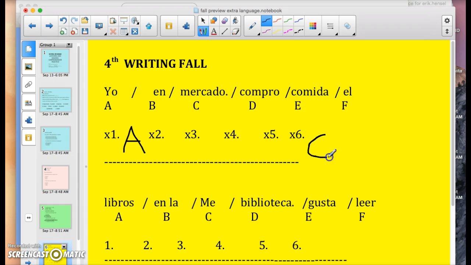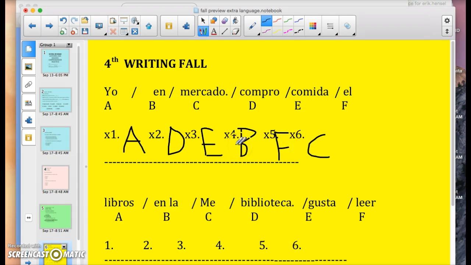So we know that the last letter is going to be S. And then I think this is going to be yo compro comida en el mercado. B, F. Okay? So the first sentence is going to be A, D, E, B, F, S, A. That's the way the first sentence is going to be written out.